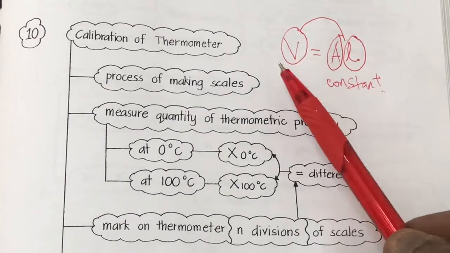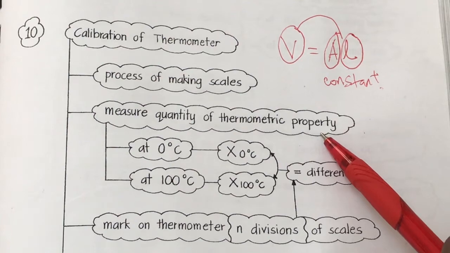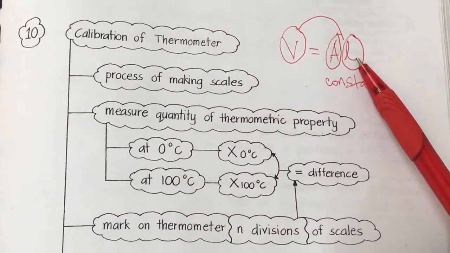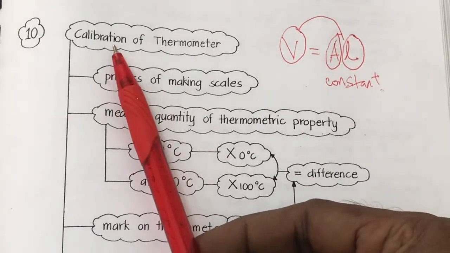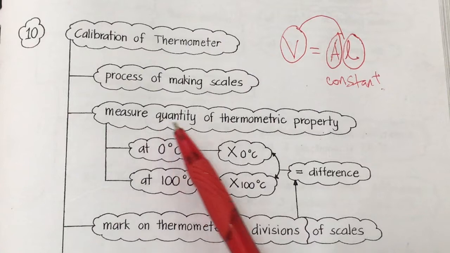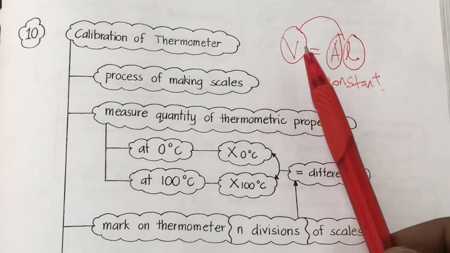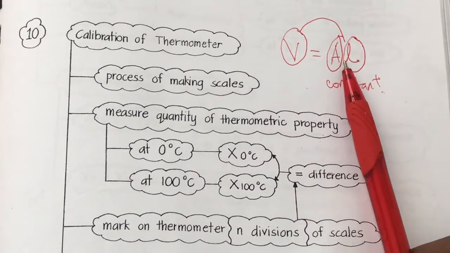So instead of measuring the thermometric property, which is volume, we can also measure the length. So in this calibration, we will measure the length of the mercury.